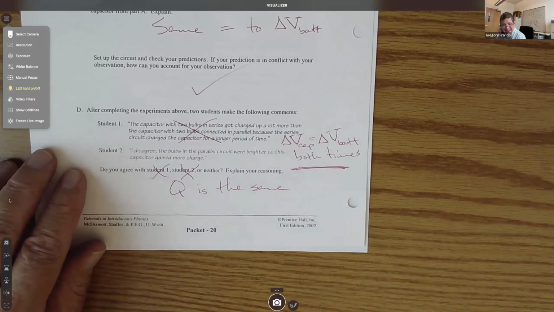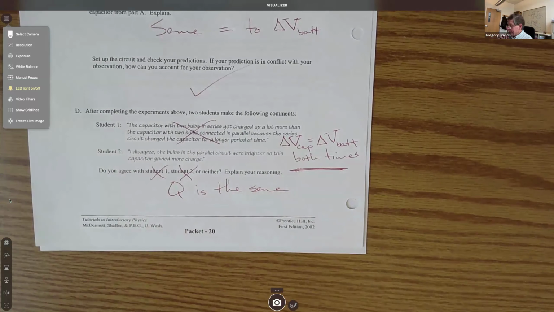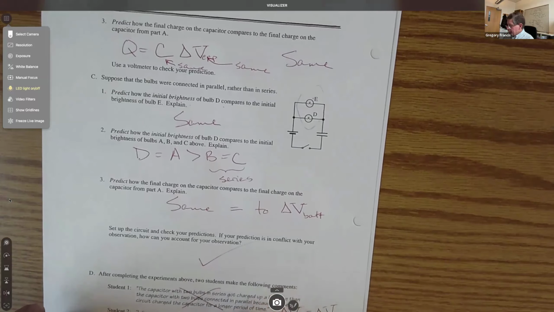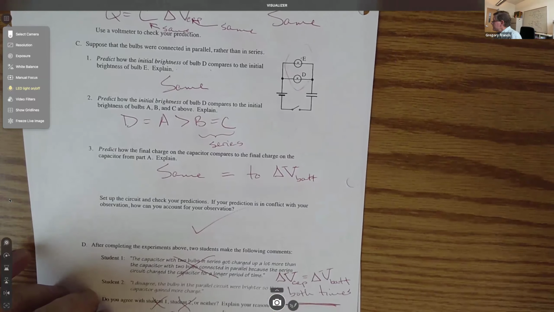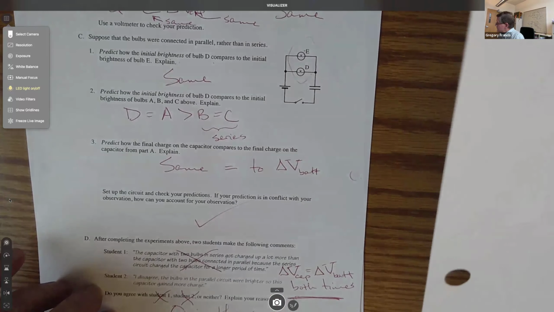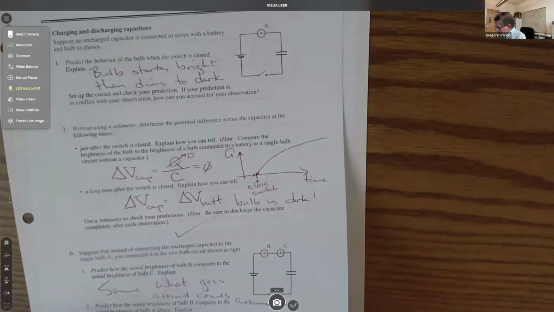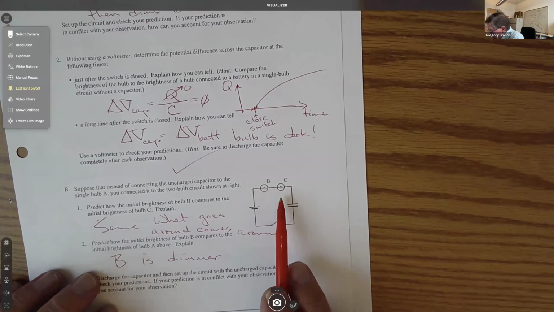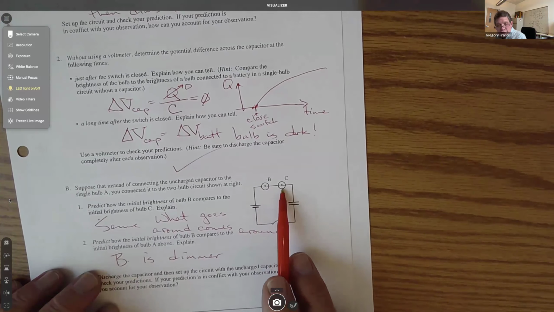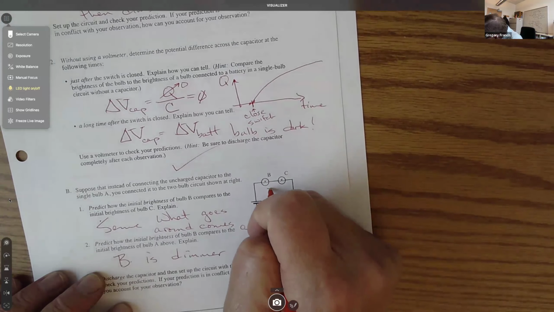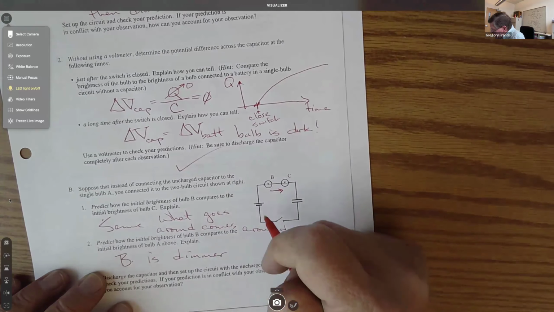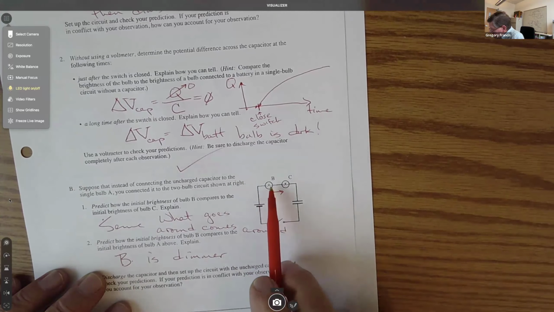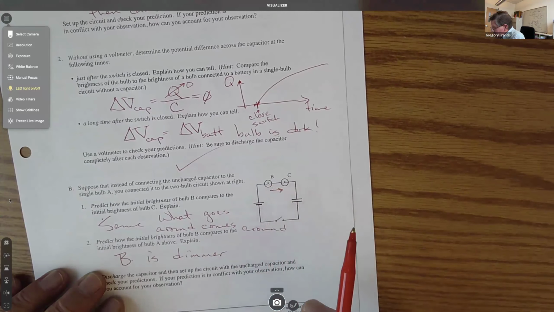Now, how do we account for that? Well, with two bulbs in series, the initial current through the bulbs is small. There's only a little bit of charge going around this circuit each second because of the bigger resistance.